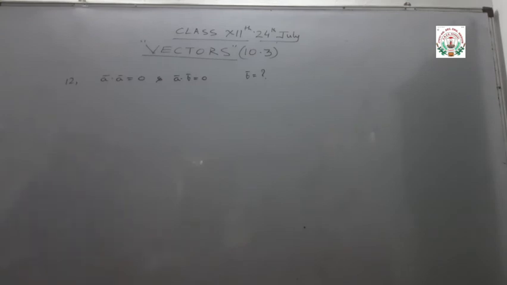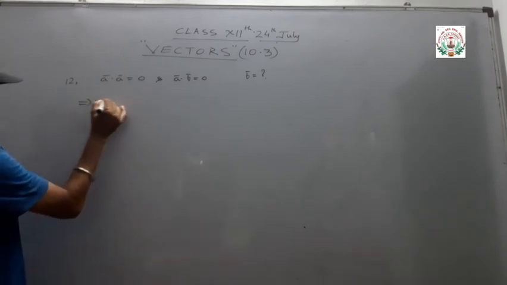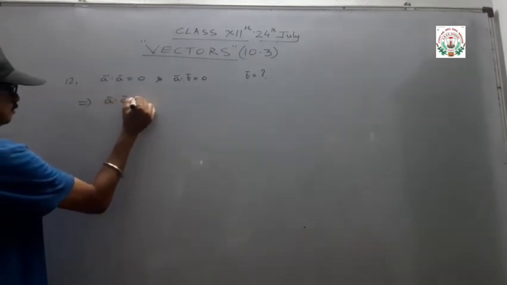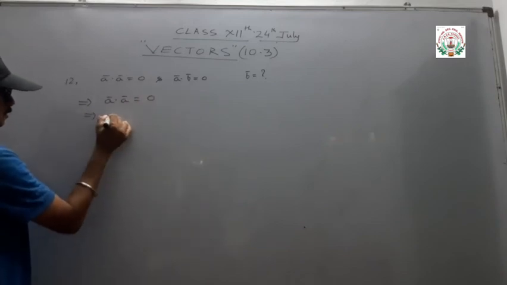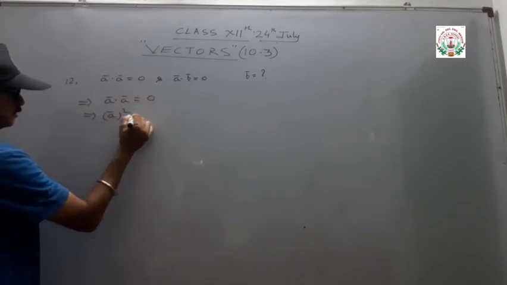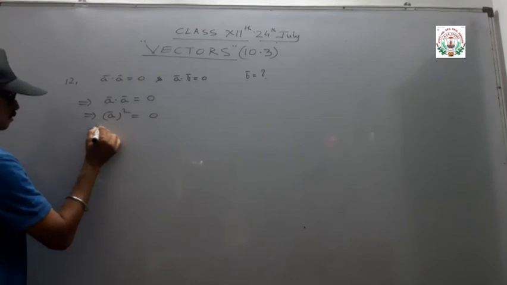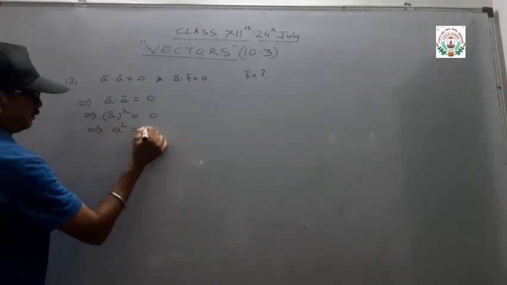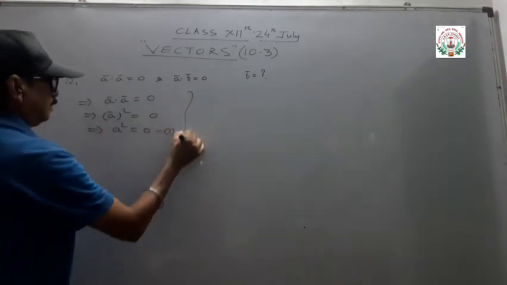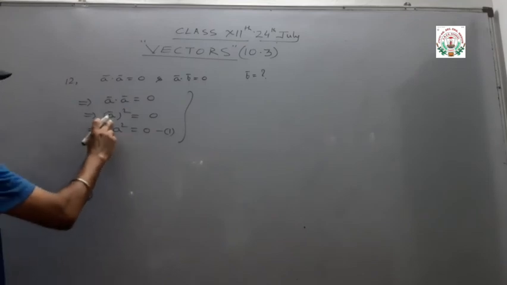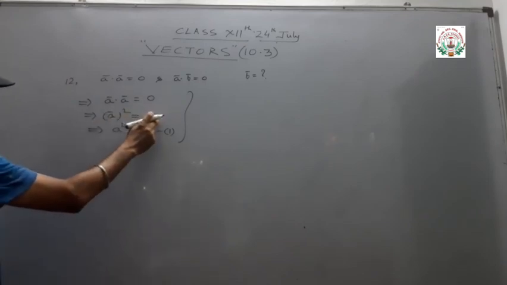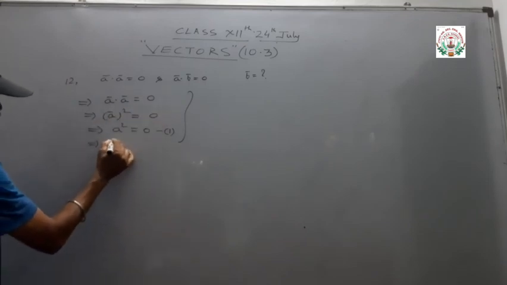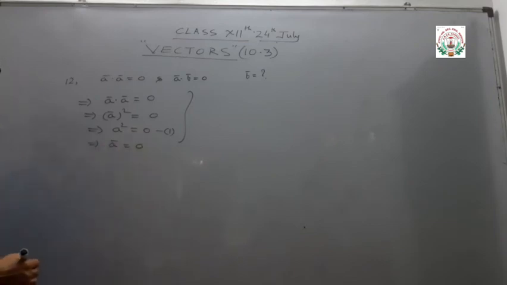So since we know that A dot A is equal to 0, जिसको मैं लिख सकता हूँ square of this vector will be 0, which implies that A square will be equal to 0. अब vector A is equal to 0, मतलब vector A की वैल्यू भी आपके पास क्या हो रही है? 0.